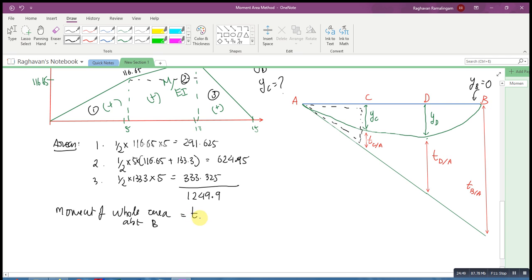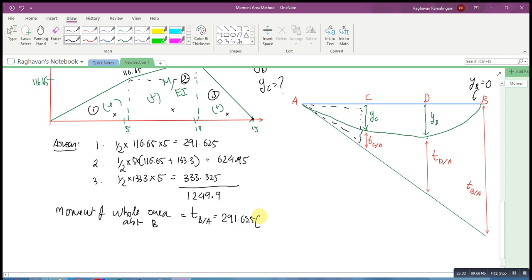This will give me TBA because I've taken the whole area and I've taken moment about point B. So basically I'm going to do one shape times distance from B to the centroid of this, plus this trapezium area into distance from here to its centroid, plus the area number 3 into distance from here to its centroid.